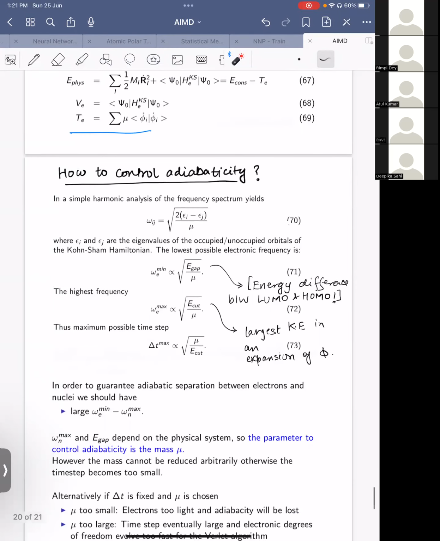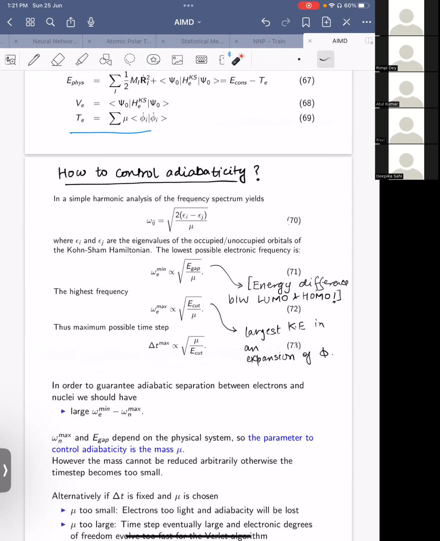To increase the separation, we can increase the fictitious mass. But there is one thing that limits us, so we cannot just decrease this fictitious mass, because this is our highest frequency of the electrons, and E cut is the kinetic energy of this electron.